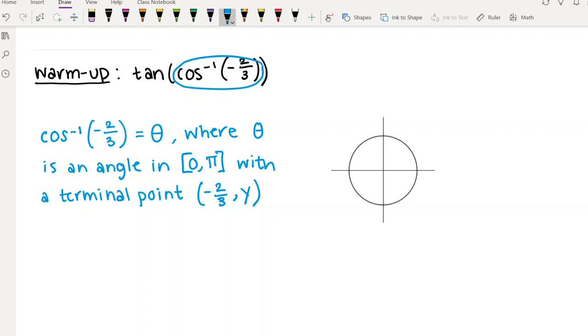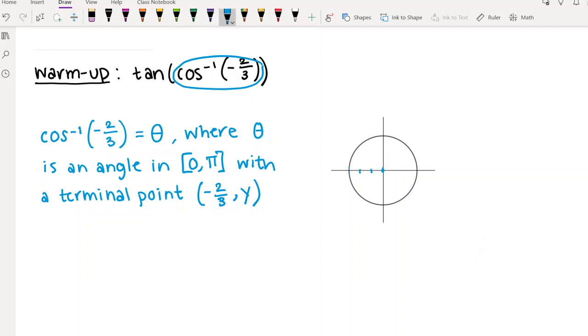So let's just draw a picture here. It's not super important that it's a great picture, but I think it does help to have some kind of visual. If the x-coordinate is supposed to be -2/3, just to get a visual of where that is, well, here is -1, and here is 0. And so -2/3 is going to be maybe -1/3 here, -2/3 is somewhere like there.